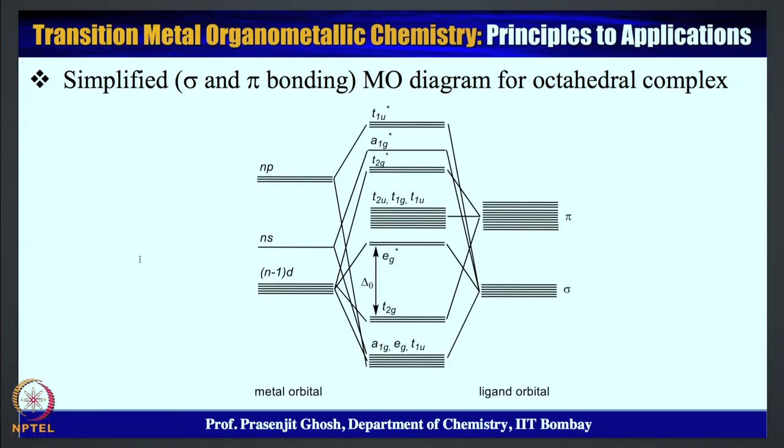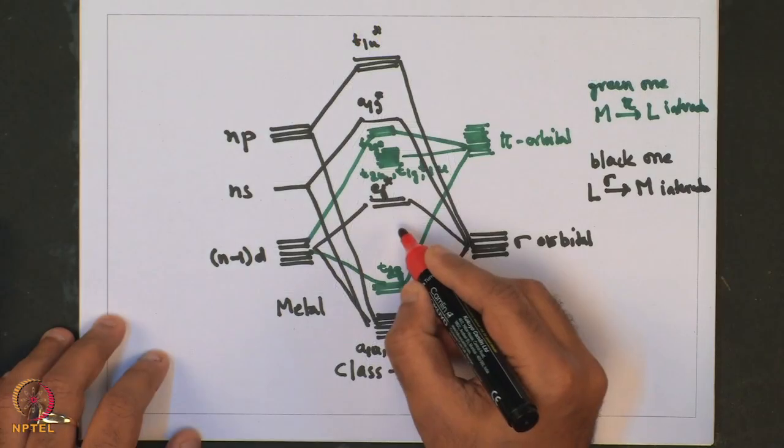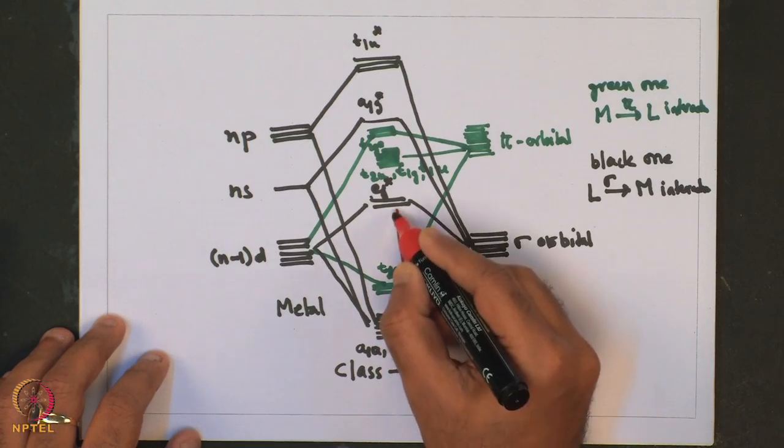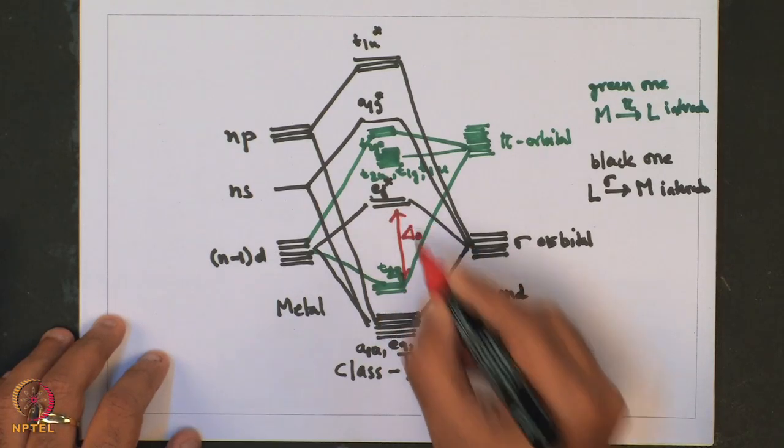What is important over here is again the difference in energy between T2G and Eg star, which is represented by this delta 0.